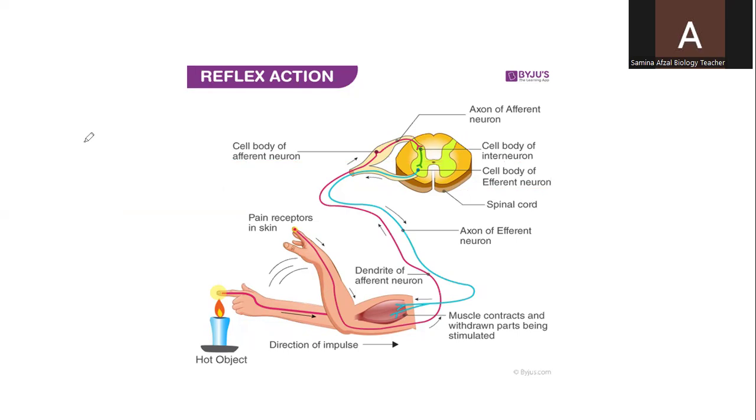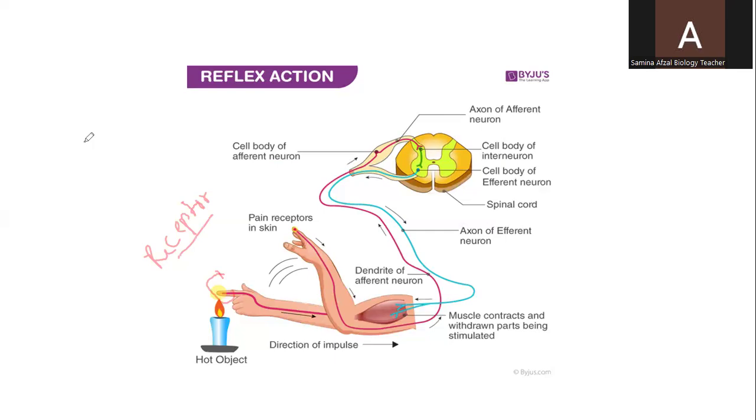So when our hand or finger touches a hot object, then messages are sent. Our finger will act as a receptor. It is our sense organ. Touch receptors are there, which will feel the hotness of this burning object.